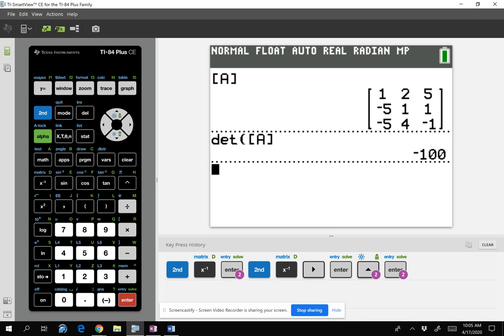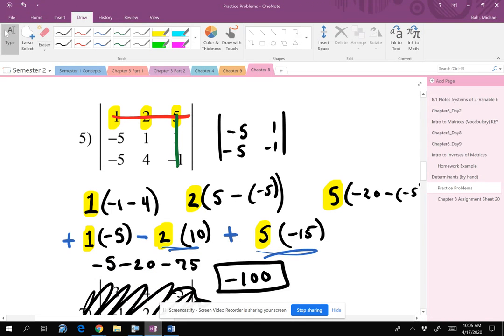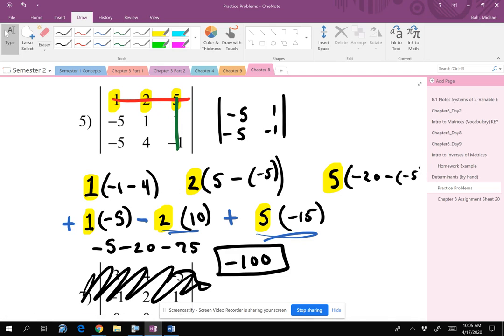Let's go. Again, as I said in the other video, in the past we've always tested, even on the final exam, on doing determinants of 3 by 3 matrices by hand. We're not sure how it's going to be this year, obviously, because there's no final exam.